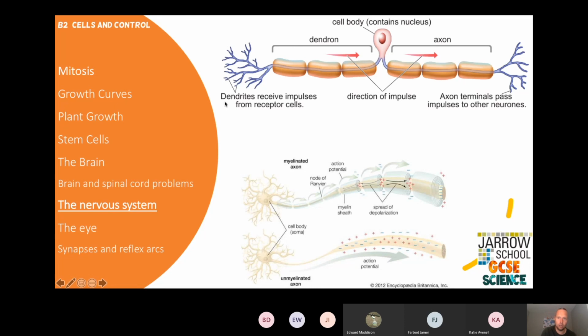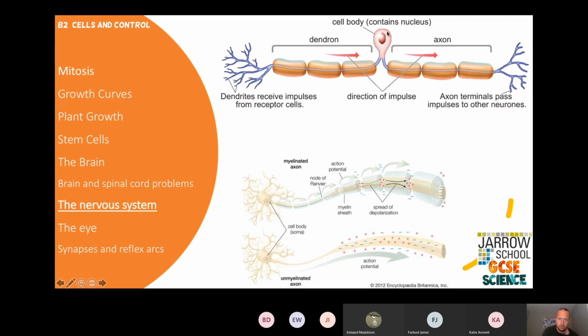You've got dendron, cell body, axon, so you can remember that as ACD, but it's the other way around, isn't it? So it's DCA. The dendrites happen first, then the dendron, cell body, axon, axon terminal. So that is the general structure of a neuron.